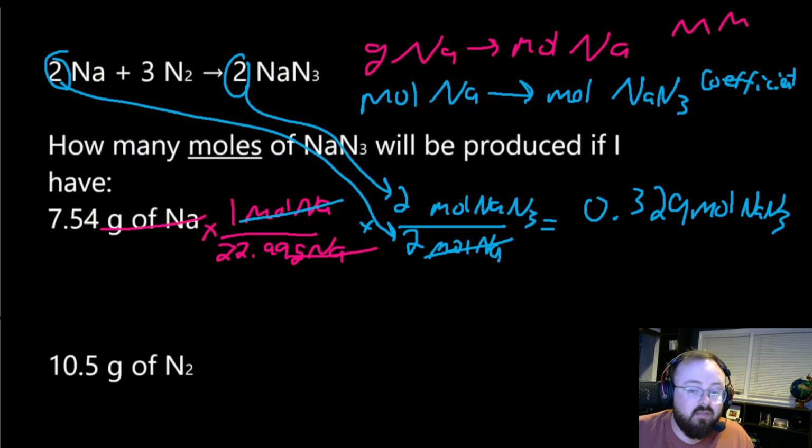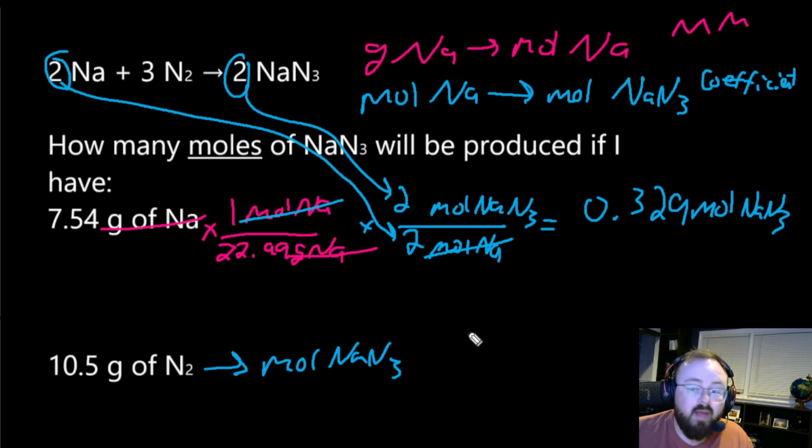My second example here is 10.5 grams of N2. And with this example, we're similar to our other example. We're going from grams of something into moles of something to the moles of the other thing. I cannot go from grams of N2 into moles of NaN3 because they're two different compounds.